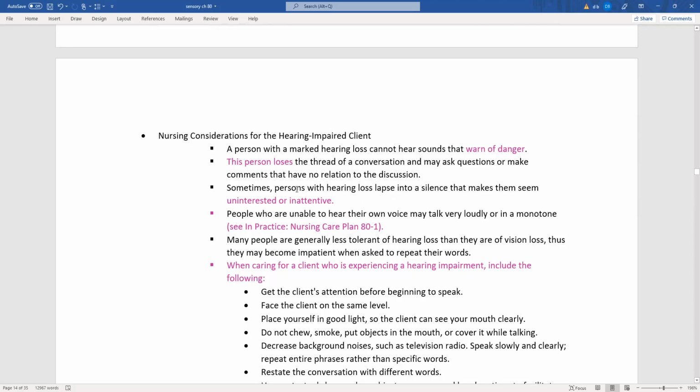So sometimes a person with hearing loss lapses into a silence, baby, that's me, that makes them seem uninterested or inattentive. That's me all day. People who are unable to hear their voices, I can hear my voice. I'm loud and clear. But the people that can't, they may talk loudly, or in a monotone.